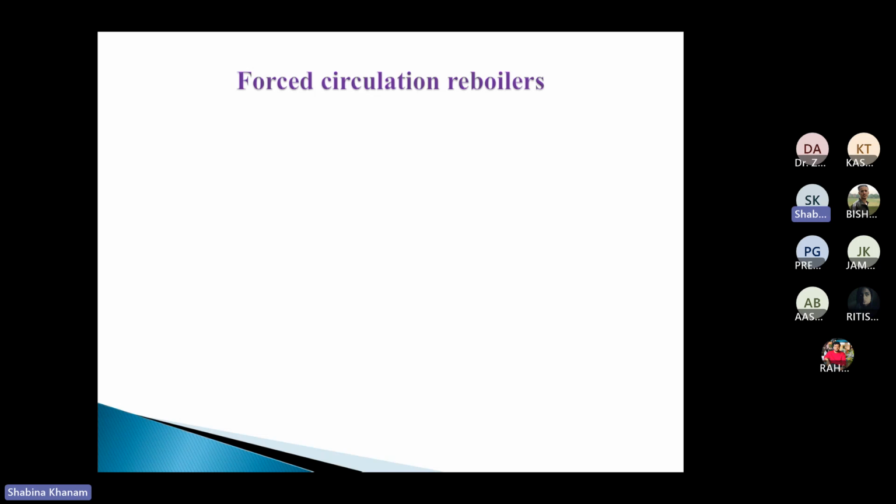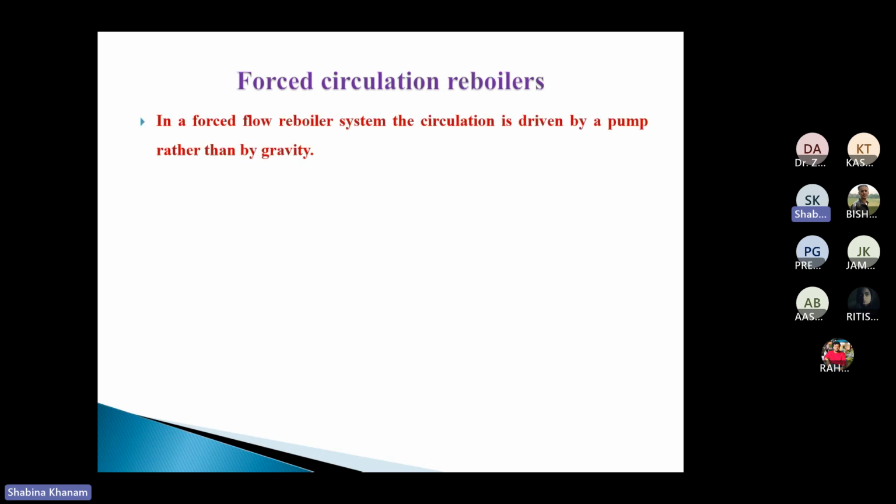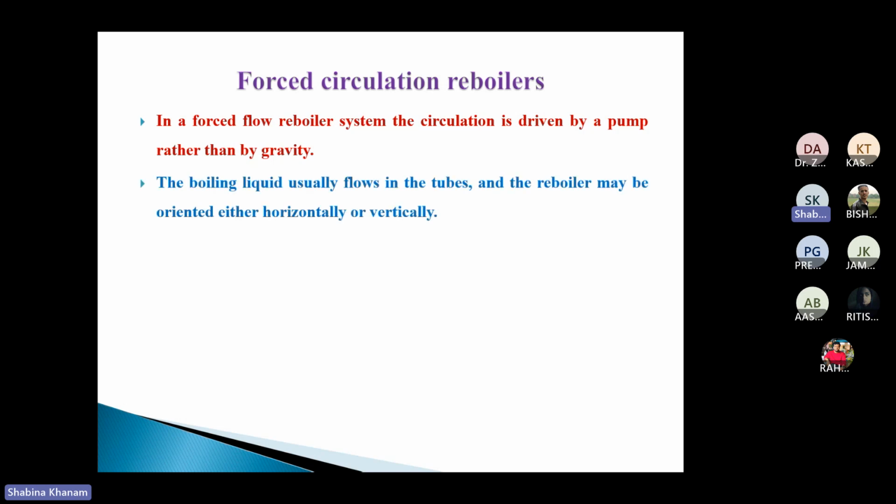Now we will see a few points about the forced circulation reboiler, but detailed designing we will not consider now. So in the forced circulation reboiler, you understand that instead of gravity, we used to put a pump to circulate the fluid between the reboiler and the distillation column.